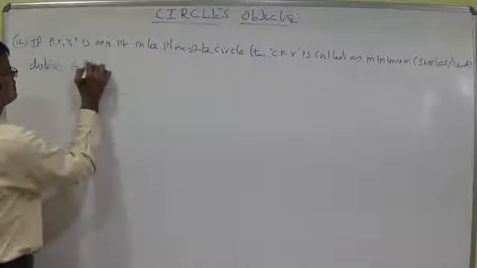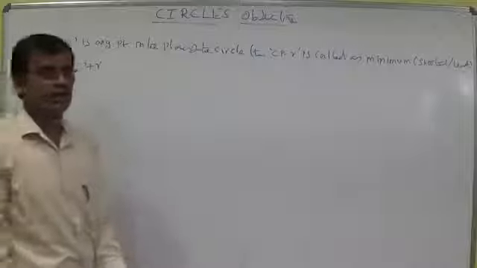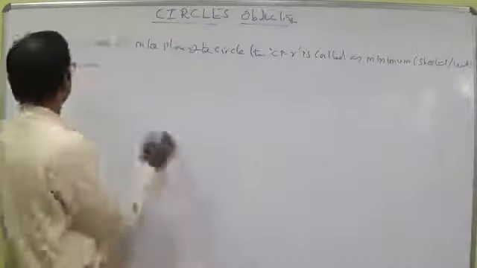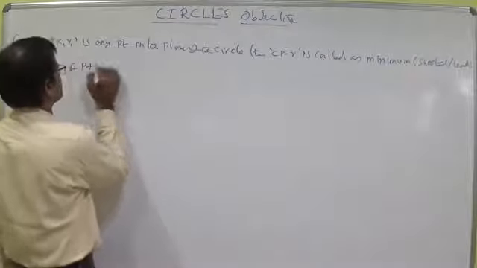Comma CP plus R. What is C? Center. P means the given point (x1, y1) and R is the radius.